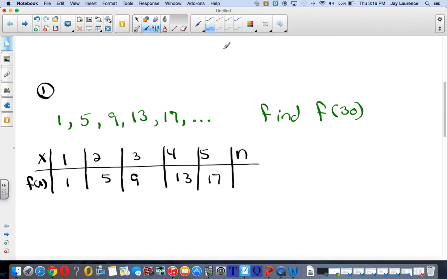It looks like the first difference is plus 4, and then plus 4. Ooh, it's plus 4 every time. All right, that means this is a linear function, because the first differences were the same. And I'm going to take this 4 and multiply it by n, the nth term. So I'm going to go 4n.